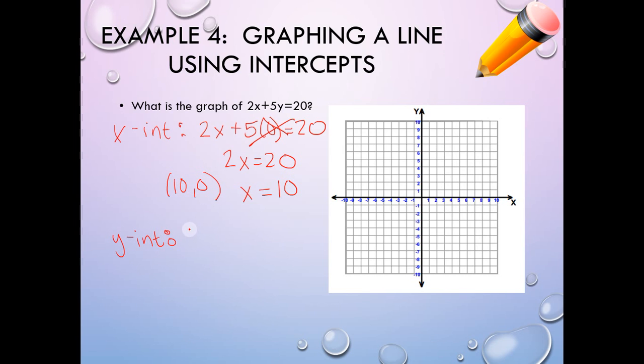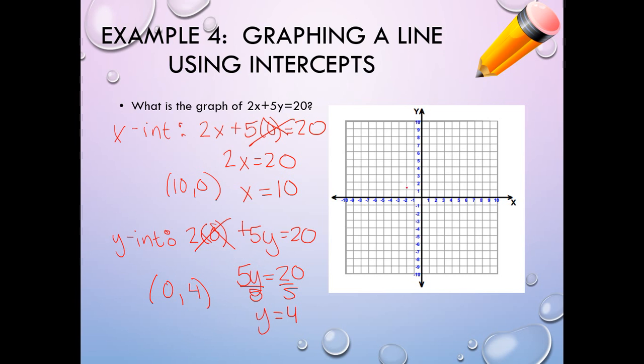Y-intercept. I have 2 times 0. Almost wrote an x there. Plus 5y equals 20. Cancels that. Be left with 5y equals 20. Divide by 5. Y must be 4. So if I write that as a point, my x was 0. My y is 4.